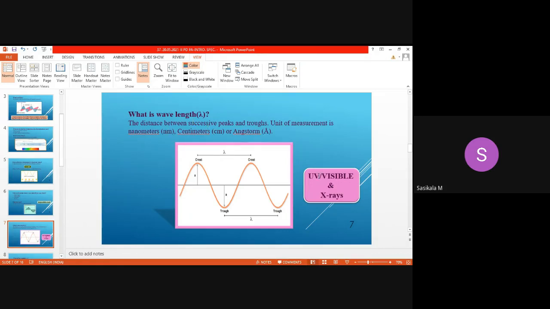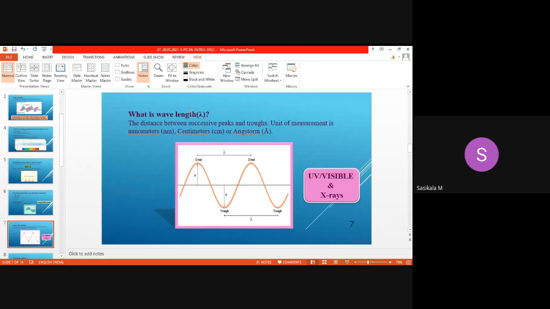UV visible radiation is measured with roughly 200 to 800 nanometers as the UV visible range. Nanometers represent wavelength, lambda. X-rays will be given in angstrom, 1 to 10 angstrom. So angstrom is also a wavelength unit. So X-rays and UV visible radiations are measured with wavelengths.